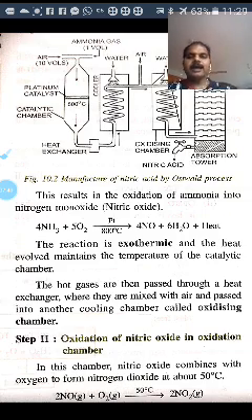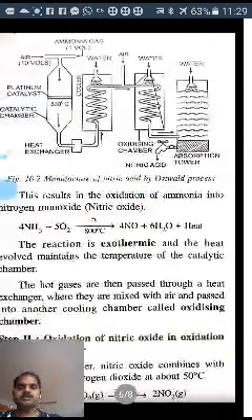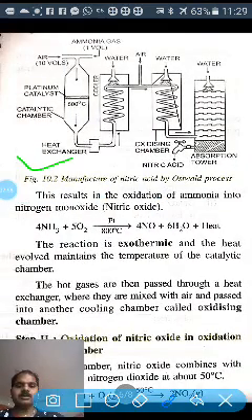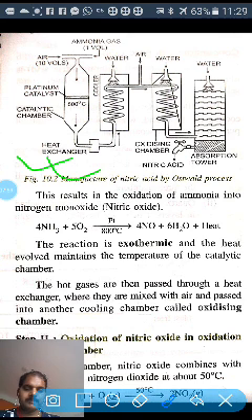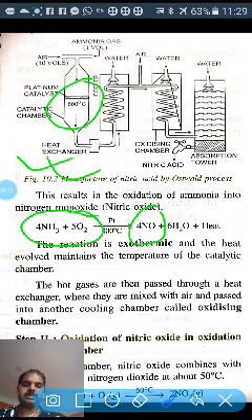I have kept this picture here for your reference, so that you can see it while you study. Now in the first step, ammonia and oxygen react to form nitric oxide and water plus heat.